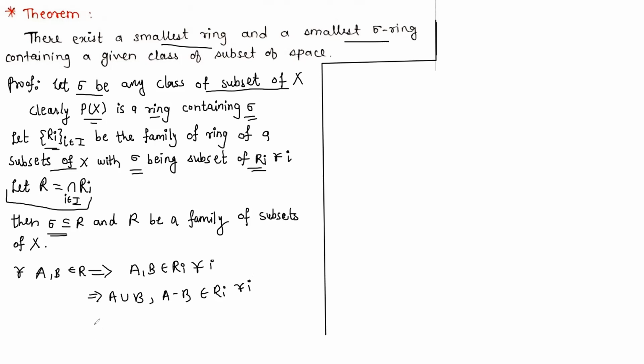So this implies that A union B and A minus B belong to the intersection over i of R_i, which is equal to R. That is, A union B and A minus B belong to R, and therefore R is a ring containing sigma.